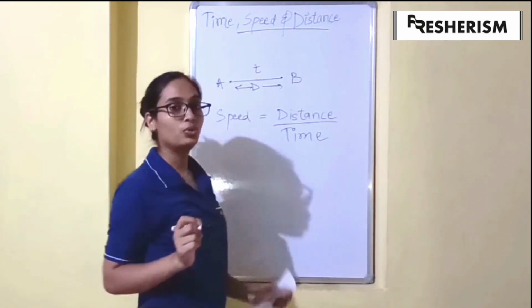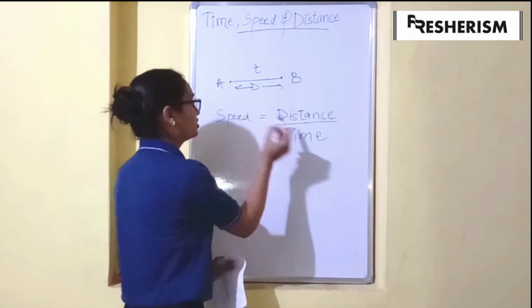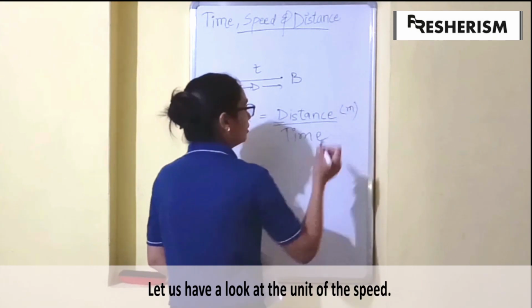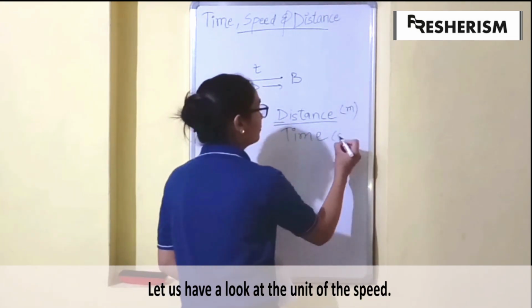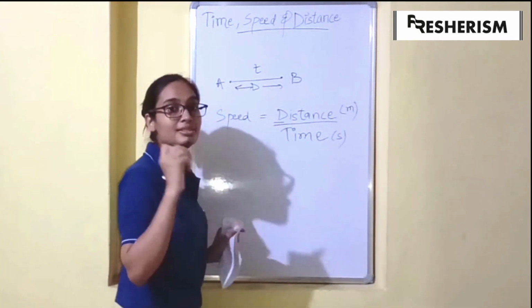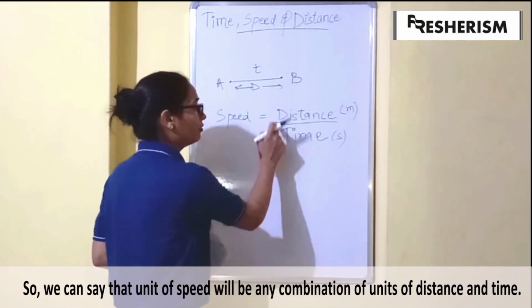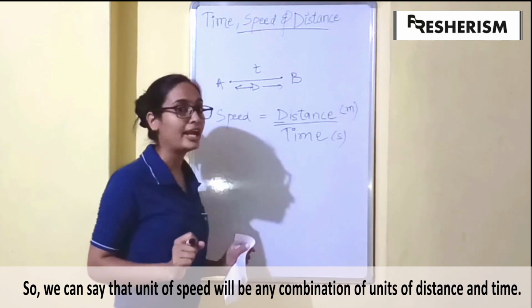So what will be the unit of speed? We know that we measure distance in meters, time in seconds. So we can say that the unit of speed would be any combination of the units of distances and time.